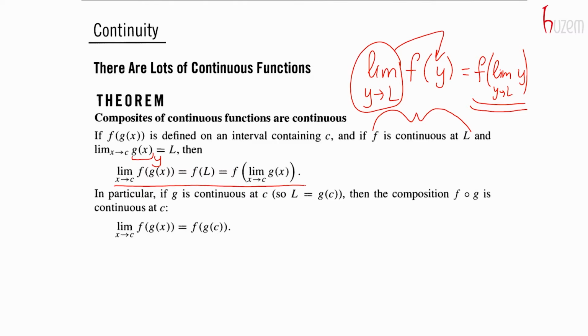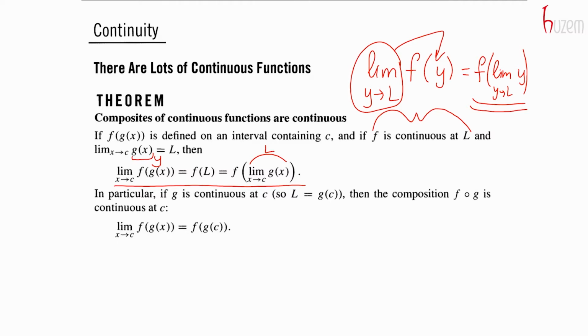Because this g(x) is regarded to be y, and limit of g(x) will be L. This is the assumption. If limit of g is L at c, then limit of the composition is going to be f(L) because of this reason.